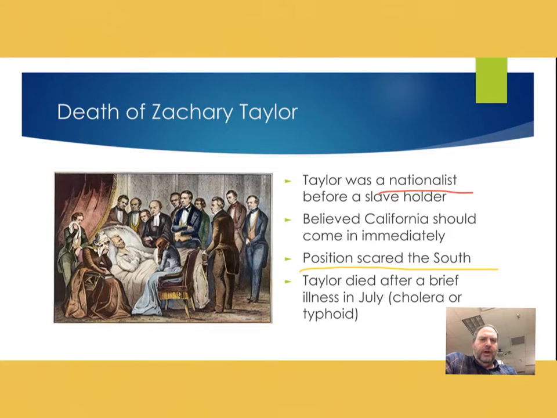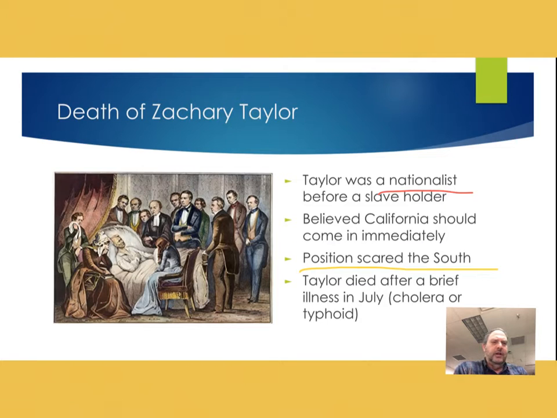The picture on the right shows a very ill Zachary Taylor, and in the summer of, I believe it was 1850, he got really sick. He had attended a 4th of July celebration, and there's descriptions of him chugging down iced milk and eating large numbers of cherries. Somewhere in that food that he probably ate was contamination of some sort or other.